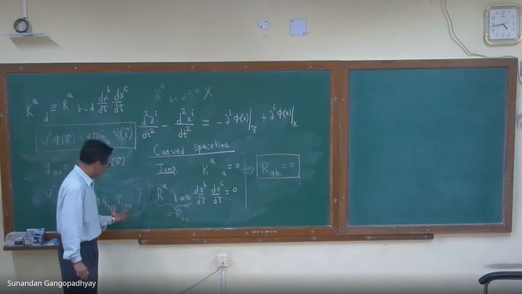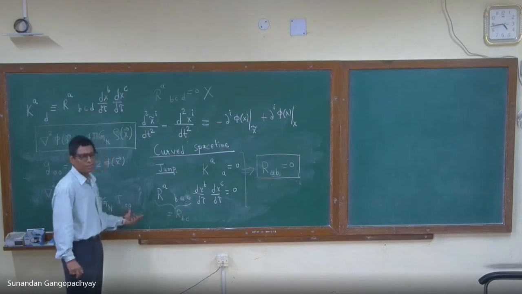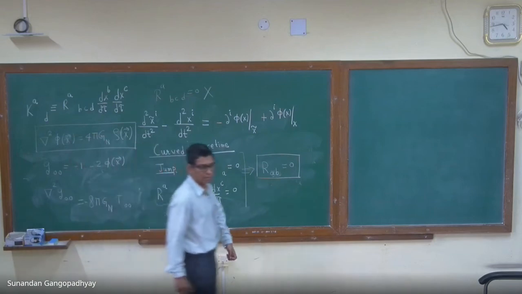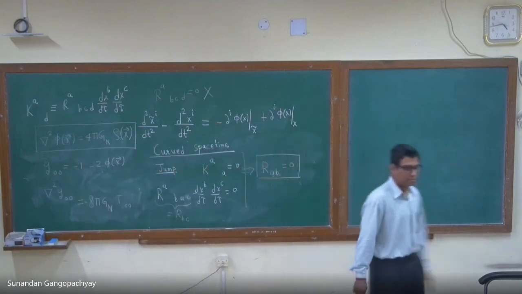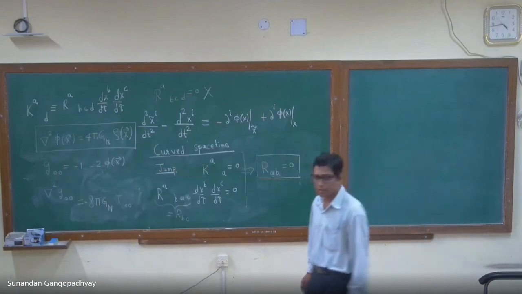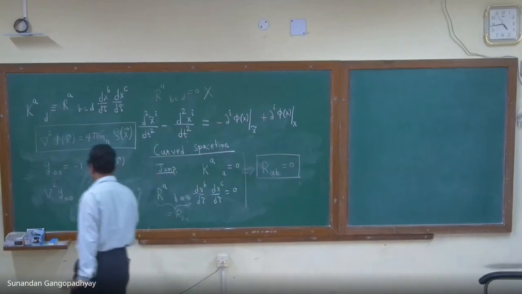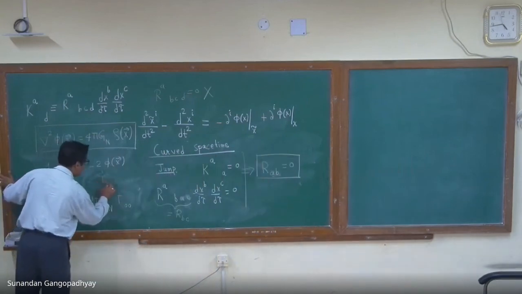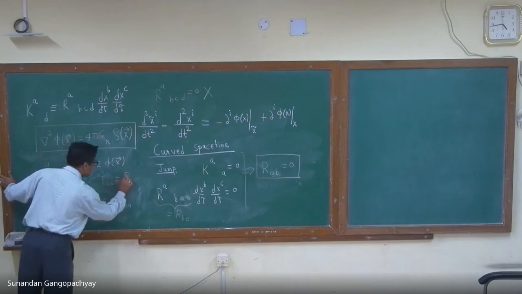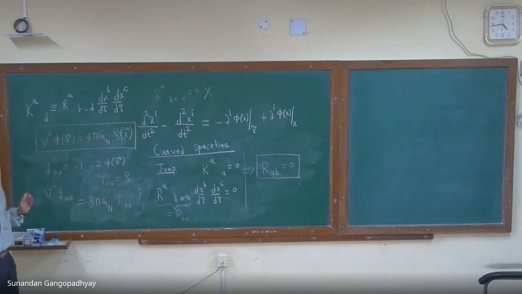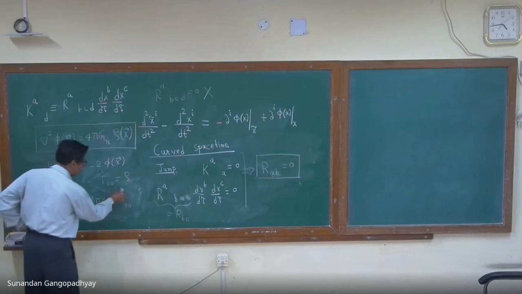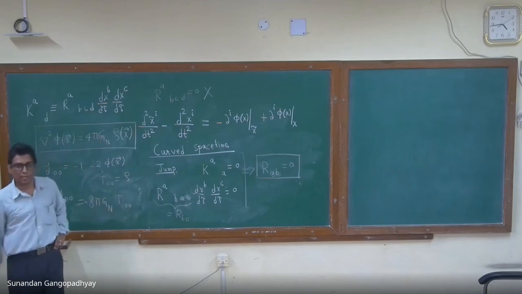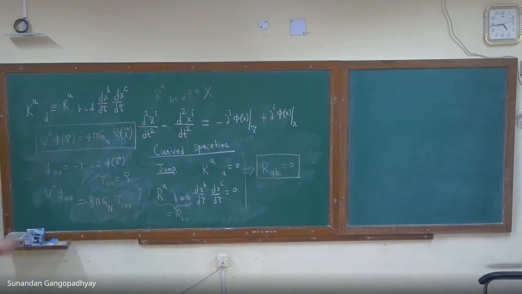T_00 is nothing but the 0,0 component of the energy momentum tensor of a perfect fluid. I will discuss this later, but for the time being, please consider that what I am saying is that T_00 is rho. The details of what T is, I will discuss later, so that will solidify your understanding.